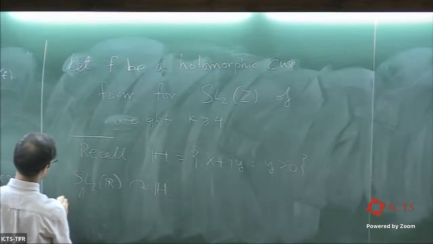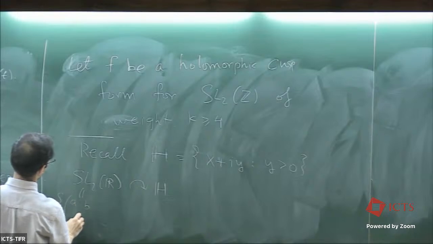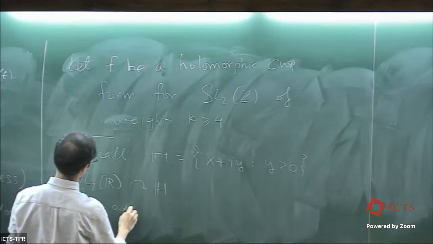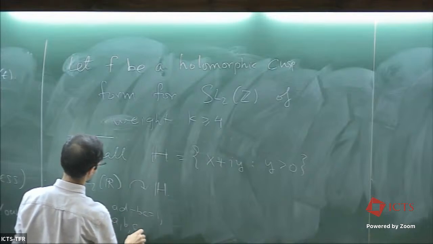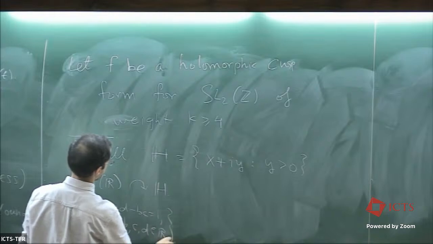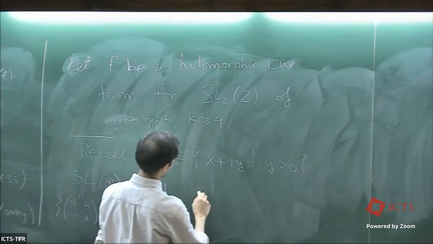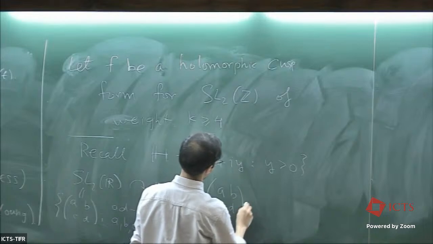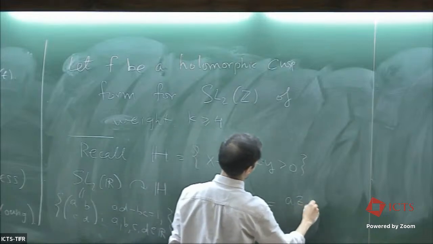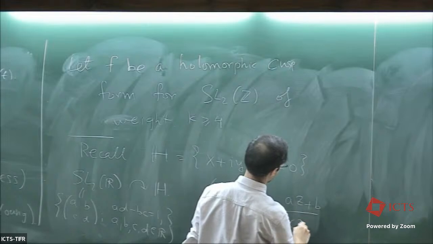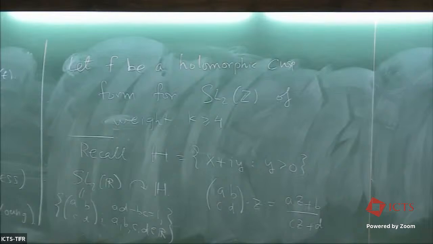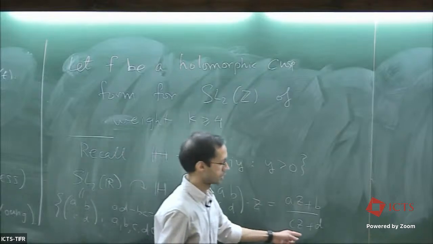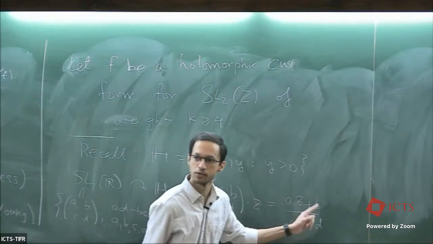So SL2(R) are all of these matrices (a b; c d) with ad minus bc equal to 1, and a, b, c, d are real numbers. And this action is by what's known as Möbius transformations. One can check that once you take z to have imaginary part positive, the new thing, (az+b)/(cz+d), also has imaginary part positive. So it's a well-defined action.